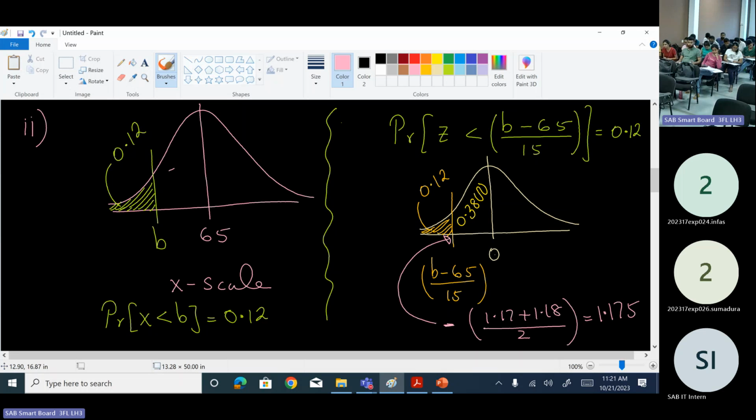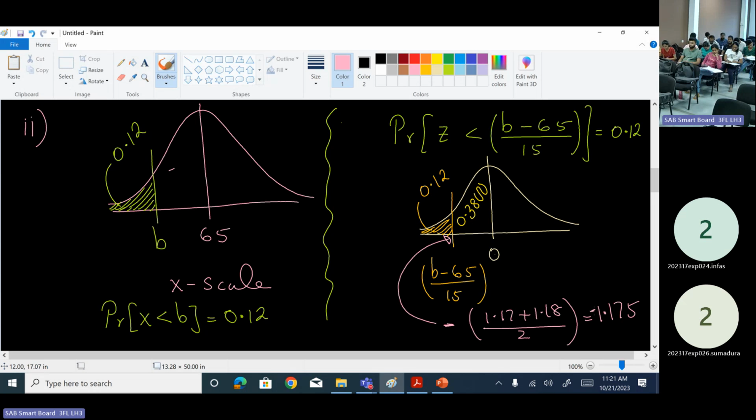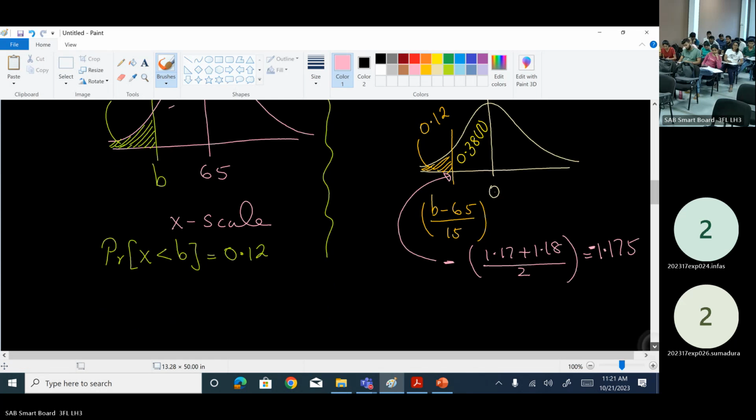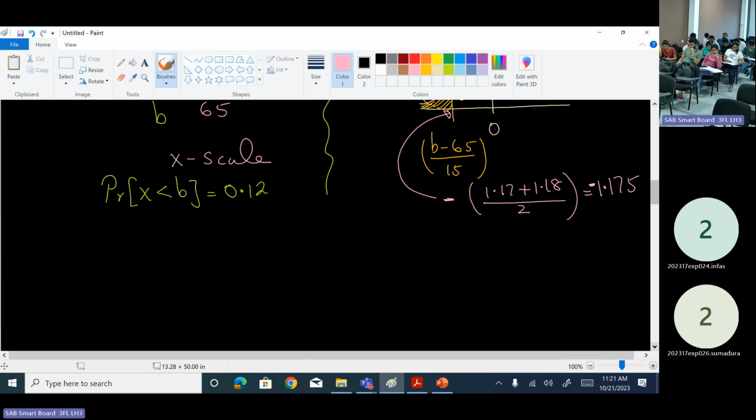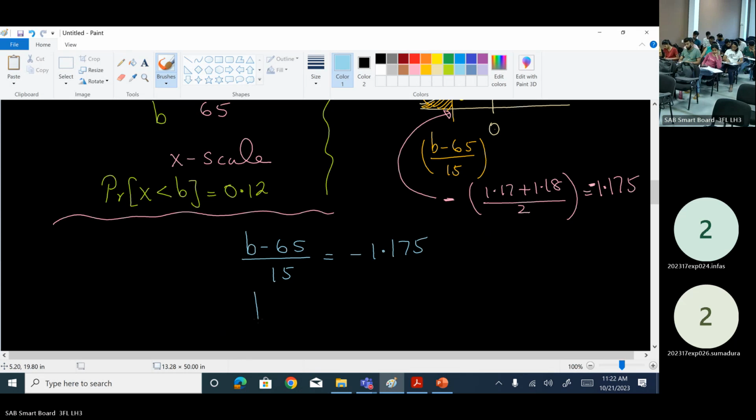Our working says it is this, and the table says it is that, so we equate the two values. (B minus 65) over 15 equals minus 1.175. So B equals 65 minus 15 times 1.175.